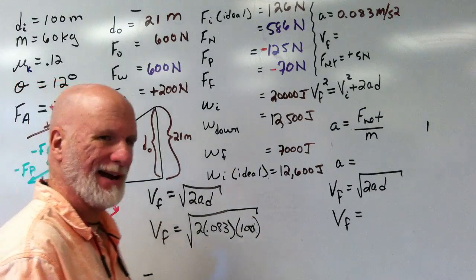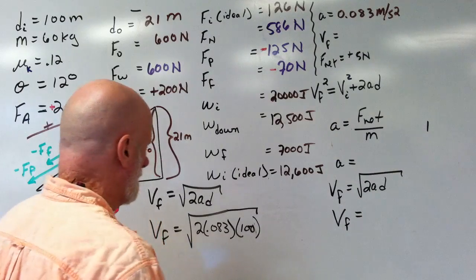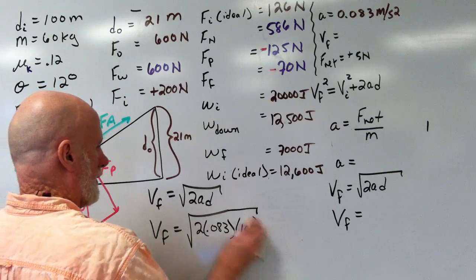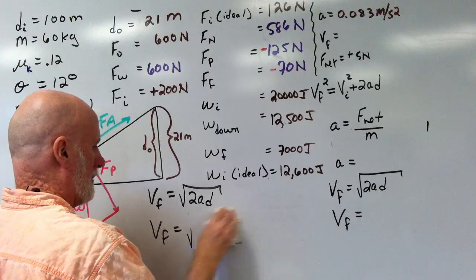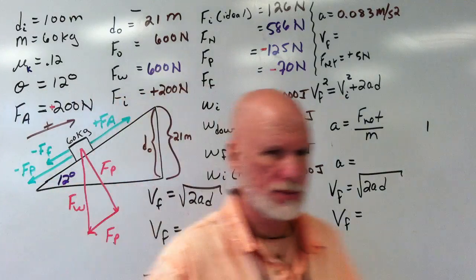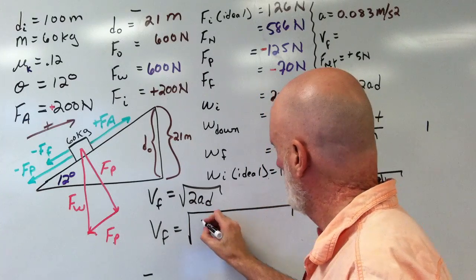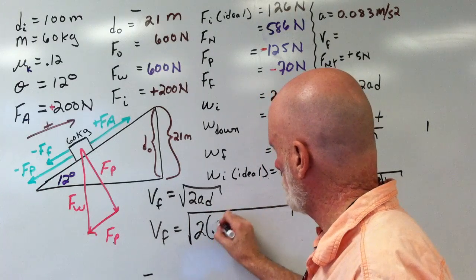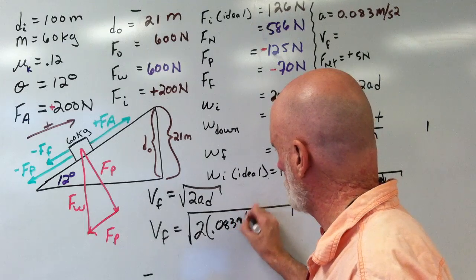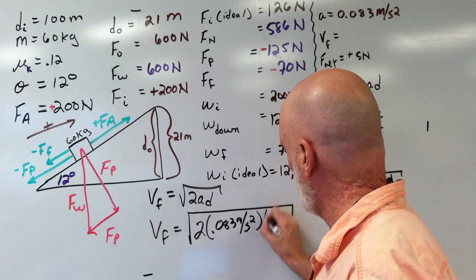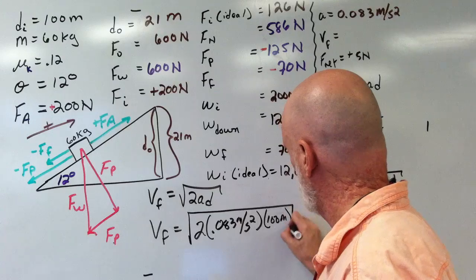You know what, let me write that out a little bit better. I'm going to put in the unit labels. So it's going to be 2 times 0.083 meters per second squared times 100 meters.